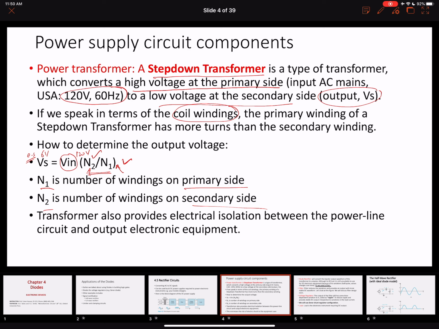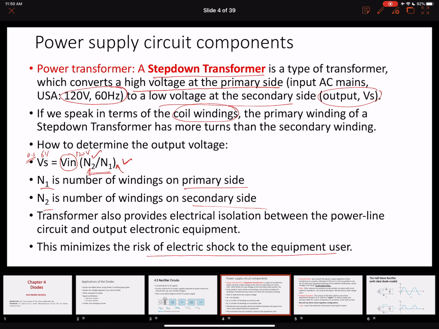For example, if there are any power surges or anything else, the first thing that will get damaged will be the transformer, and our electronic equipment can be saved. So this also minimizes the risk of electric shock to the equipment user. So the step down transformer plays a very important role.